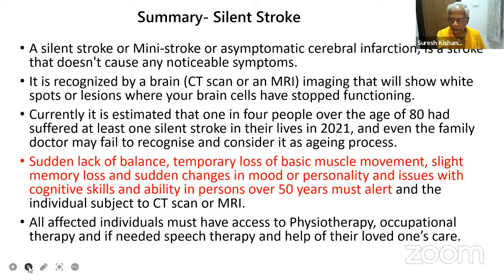Either talking directly to the patient or to a family member should help the general physician or the family doctor to suspect and refer for CT scan. Rehabilitation is required for all of them, with family sympathies.